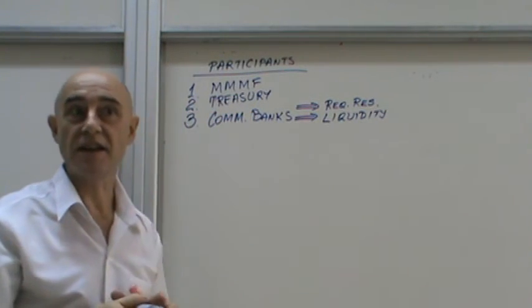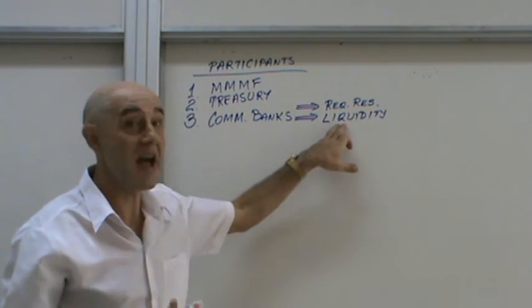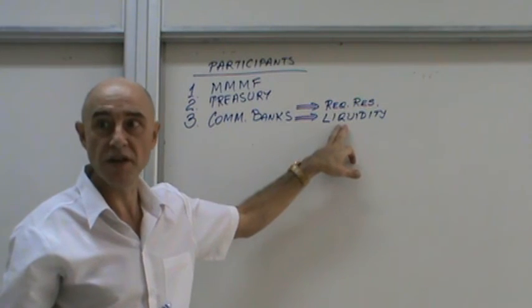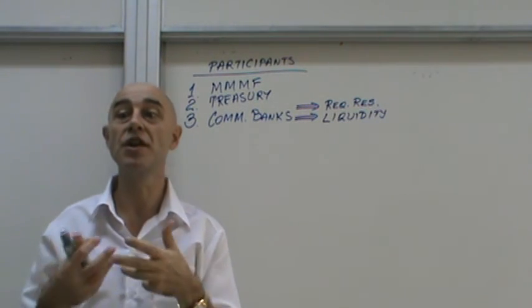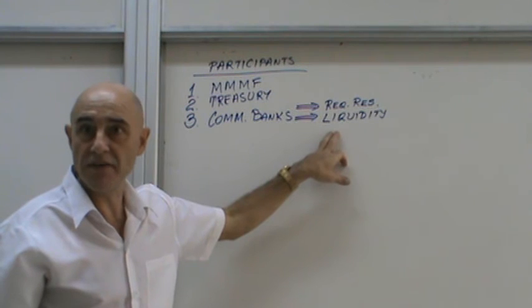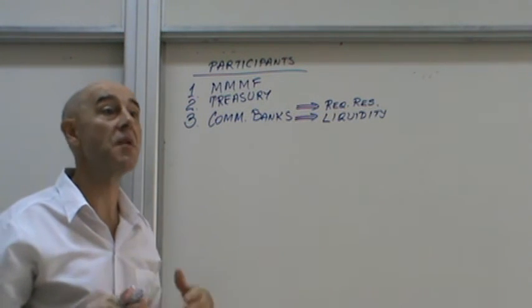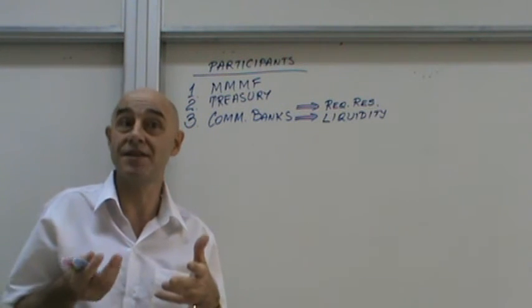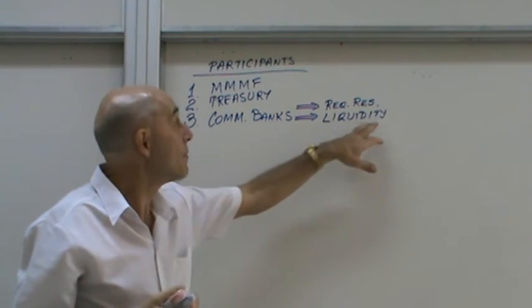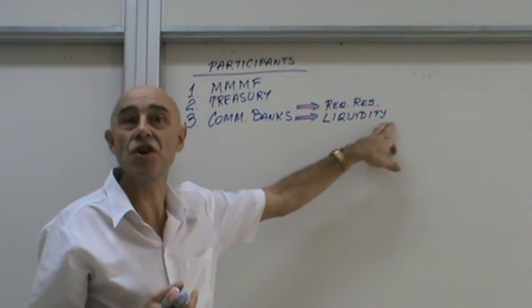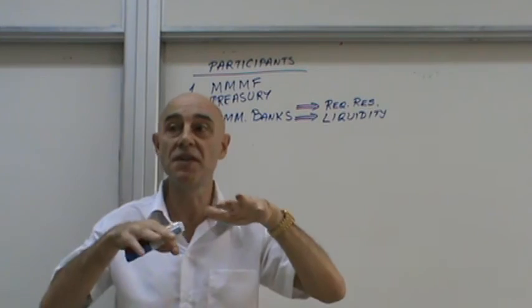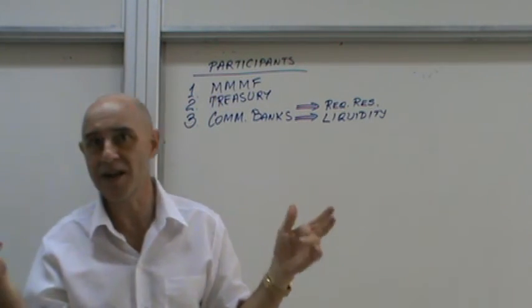Again, exactly the same as reserves. If they have too much liquidity, they'll invest it to earn income. If they don't have enough liquidity, they'll use the money market to raise liquidity. So banks will consider to have a certain optimal amount of liquidity. I'm just making up a number, that's not exactly true.